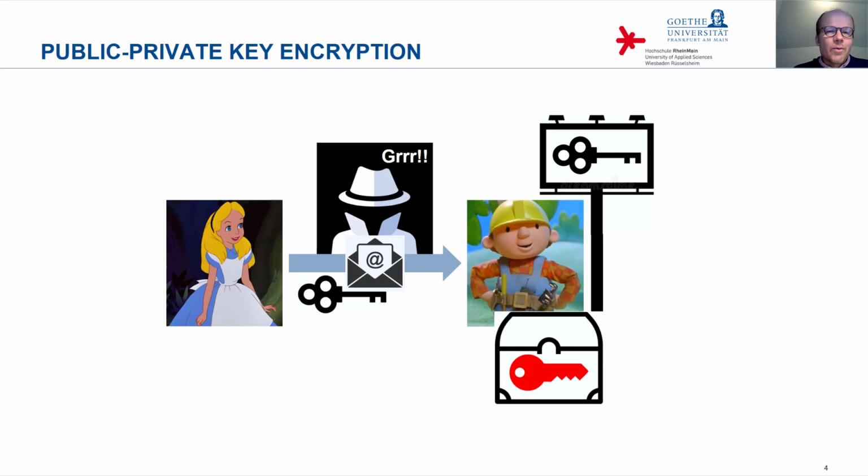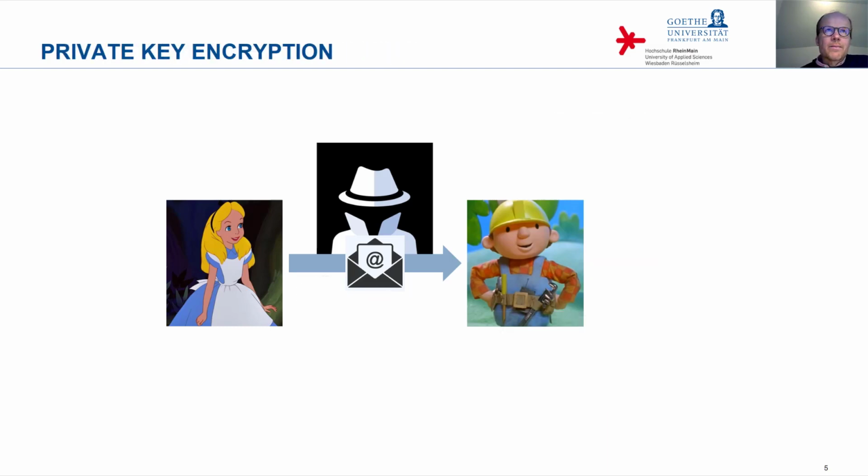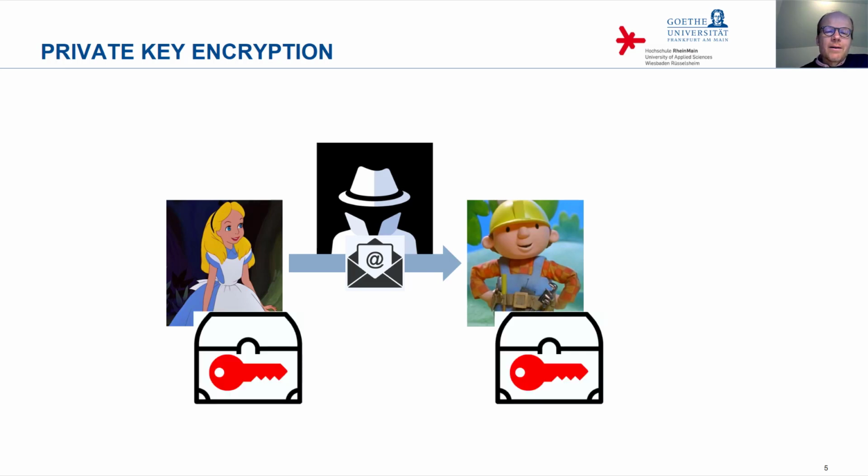And this is one reason why there's renewed interest in another form of cryptography, which is private key encryption. So there's no longer a public key, but Alice and Bob share a private key.